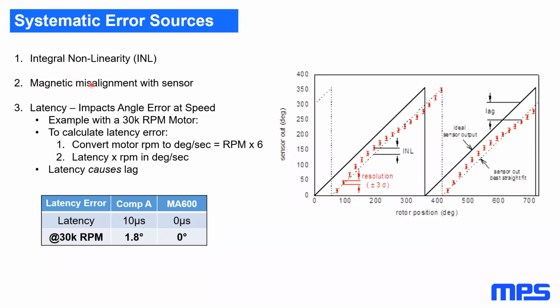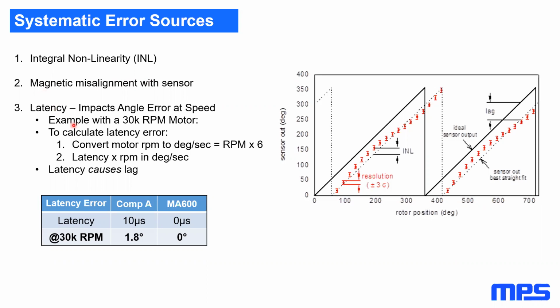So we consider these two different things, but they both affect INL. This one is just the intrinsic INL of a sensor. This one is INL caused by magnetic misalignment. And sometimes that's correctable. Certainly all of this stuff is correctable with enough calibration, but without calibration, sometimes even this is correctable.